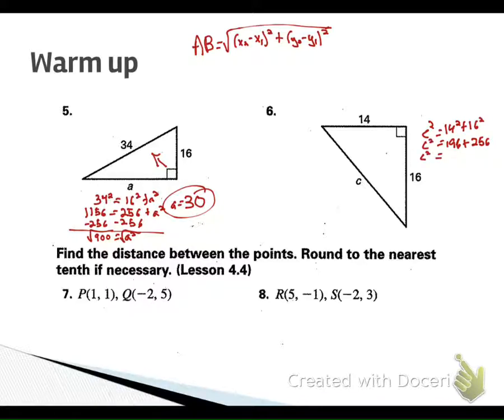452. Okay, is 452 a perfect square? No. It's not. So we're going to square root both sides, and then we're going to find out what we can take out. So what goes into 452? 2. 2 does indeed. How many times does 2 go into 452? 226.